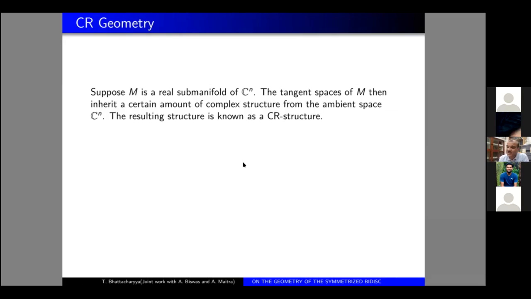And he says it's not clear whether CR is for Cauchy-Riemann or for complex real. Apparently, people think it could be for Cauchy-Riemann, could be for complex real. Whatever it is, the concept is extremely interesting.